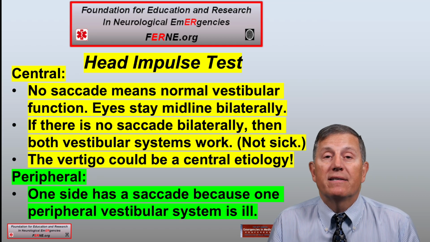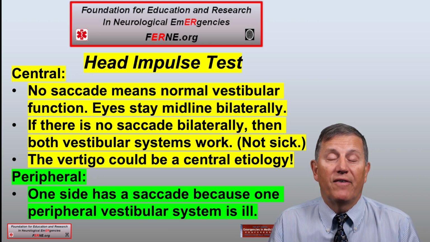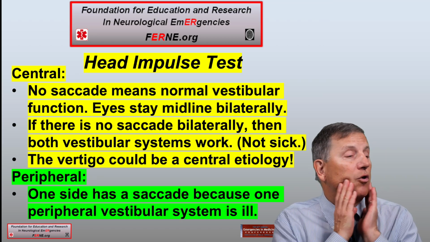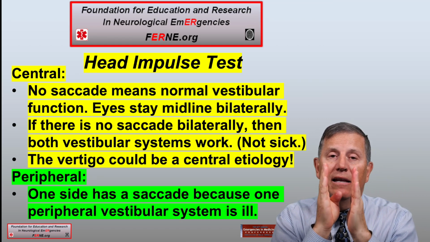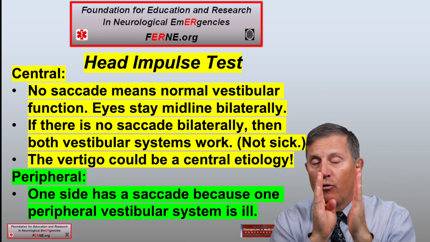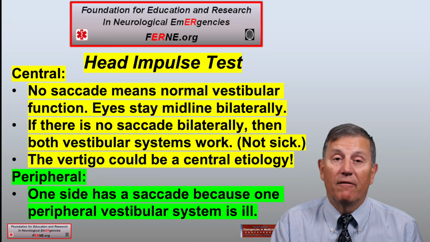The only way to say there's a likely peripheral etiology in a patient with acute vestibular syndrome on head impulse test is that with rapid movement back, there's a correcting saccade on either the left or the right, meaning that one of the two vestibular systems is malfunctioning.